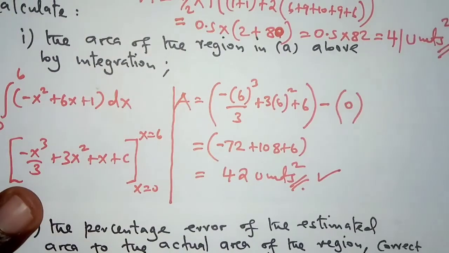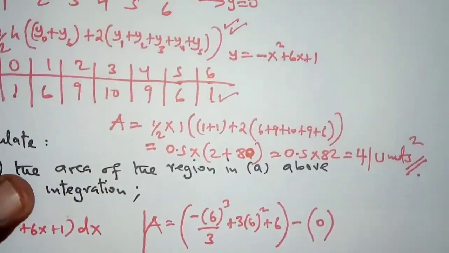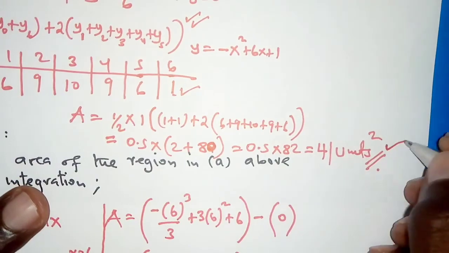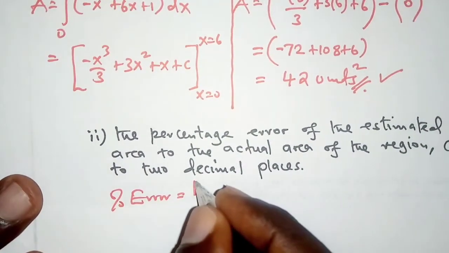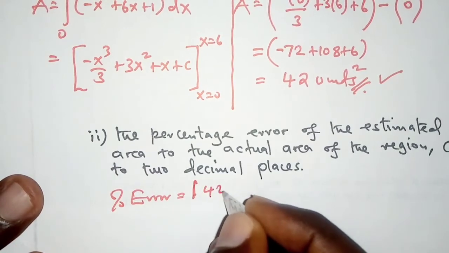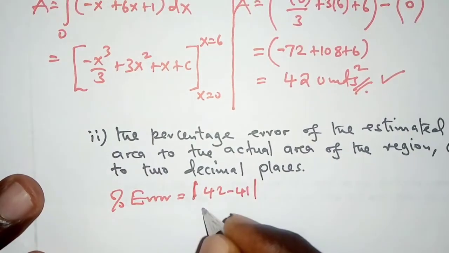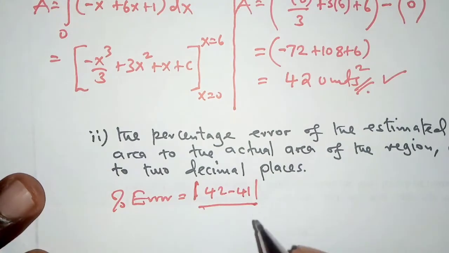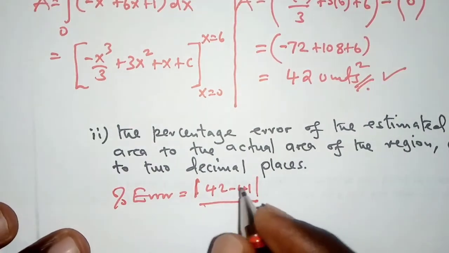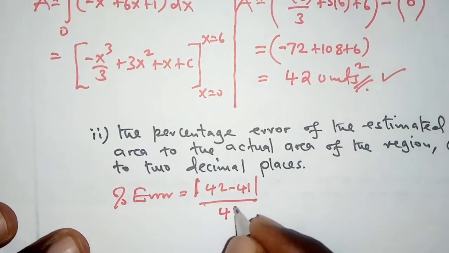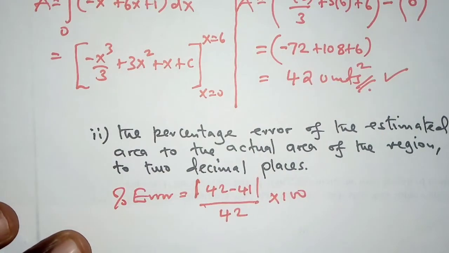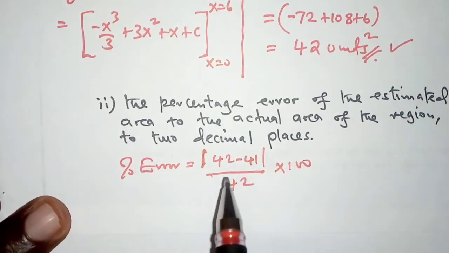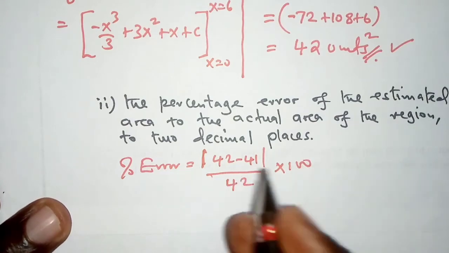Actual area is 42 square units and the estimated area is 41 square units. So the error there is just the difference, 42 minus 41. And then you divide that by the actual area, which is 42. And finally, you multiply by 100 so that you get the percentage error. So this is relative error times 100.